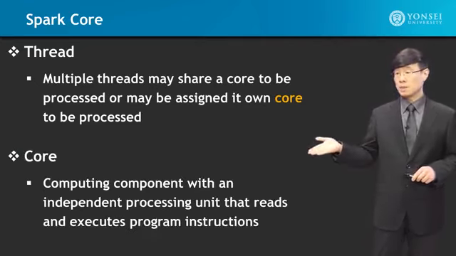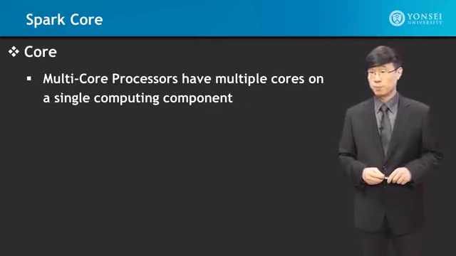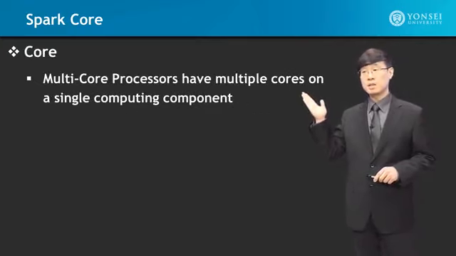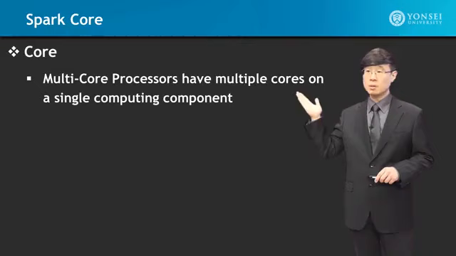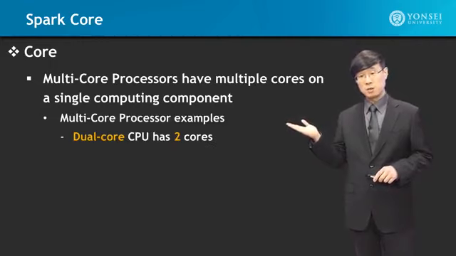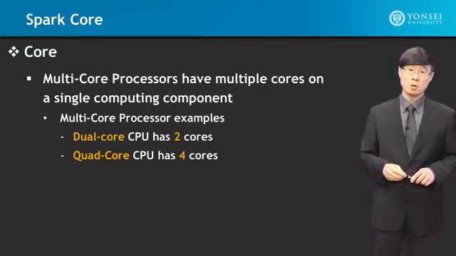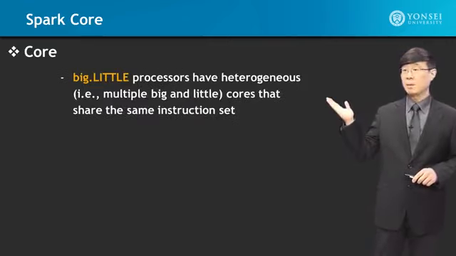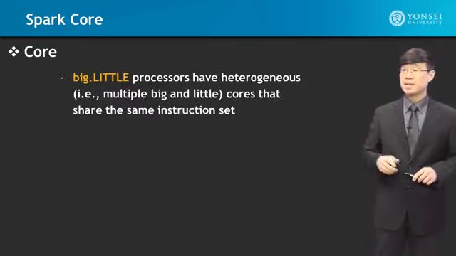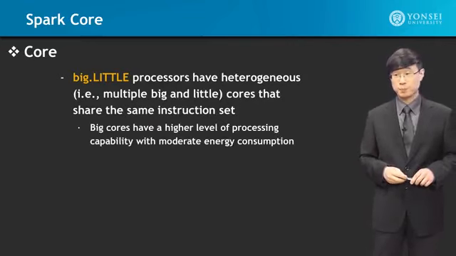A core is a computing component with an independent processing unit that reads and executes program instructions. Multi-core processors have multiple cores on a single computing component. For example, a dual-core CPU has 2 cores. A quad-core CPU has 4 cores. A big-little processor has heterogeneous cores that share the same instruction set.